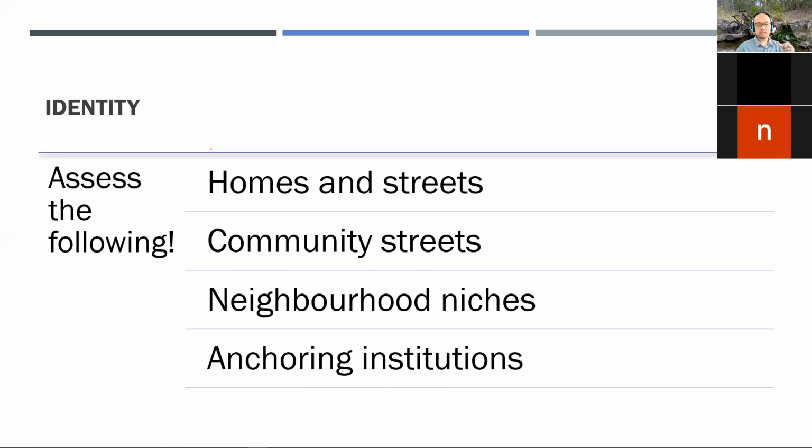For a neighborhood character analysis, if you want to assess the identity of a neighborhood or of your site, you can try assessing the following elements. If there are any, have a look at the homes and streets in the site and off the site.